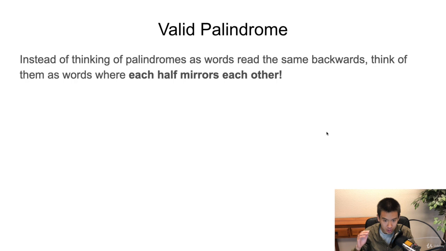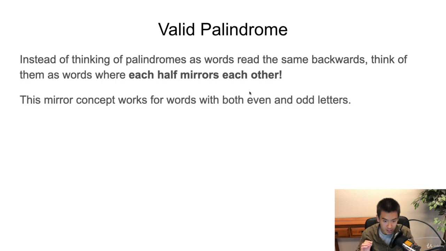I want you to think of palindromes not as words that read the same backwards as forwards, but instead as words where each half of that word or sequence mirrors the other. This mirror concept works for words with both even and odd letters. LOL is a palindrome: this L and this L mirror each other, and the O in the center mirrors itself.